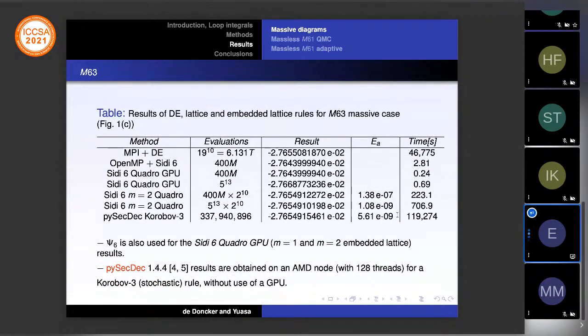Same thing for M63. The error estimate for the lower point embedded lattice rule is higher than the error estimate for the 5 to the 13 embedded rule, but they're all just as accurate.